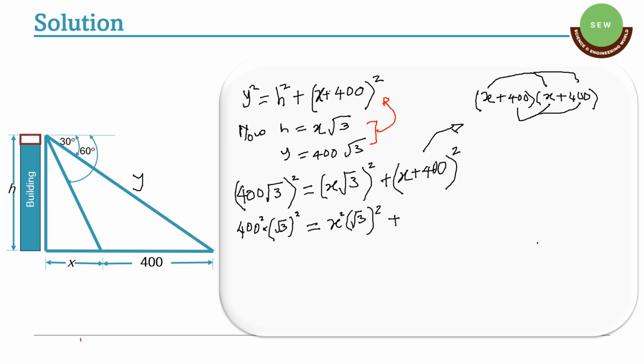So we now have x squared plus, that's x times x, x squared, x times 400 plus 400x, then 400 times x, that will give us 400x, plus 400 times 400 will give us 160,000.